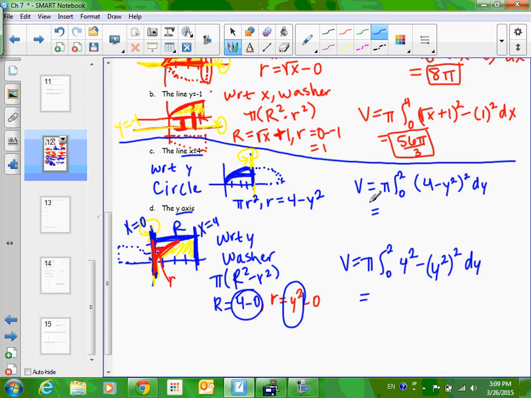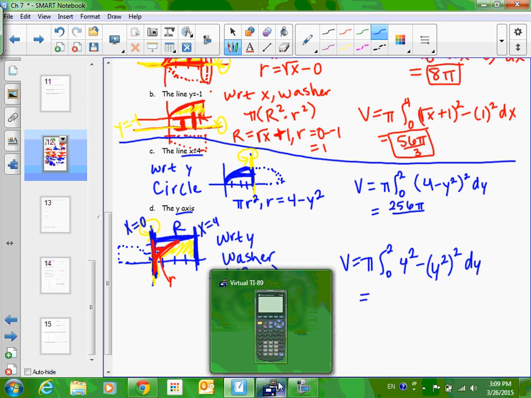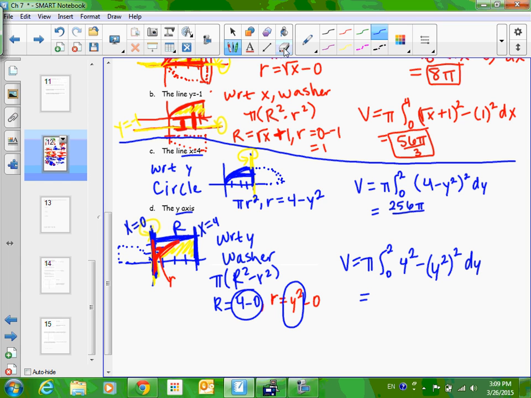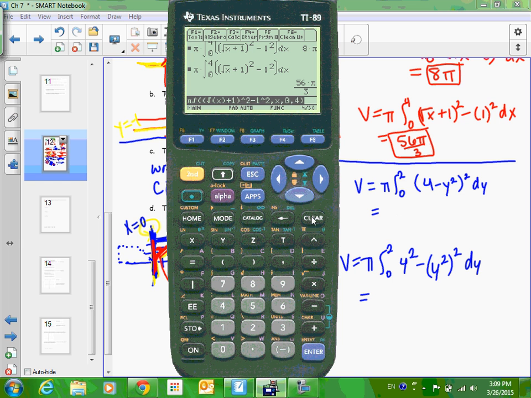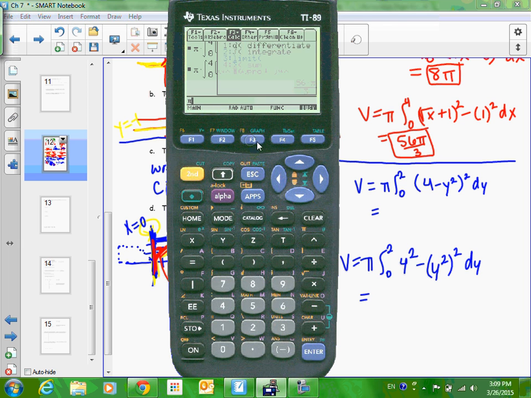Can anybody get the answer for part C? 256 pi over what? Sound familiar. I got 16 pi. Okay, let me just go ahead and do this up here just to make sure. I think I have these answers memorized, and then I don't want to put it wrong on the video, especially. Okay, pi integration.